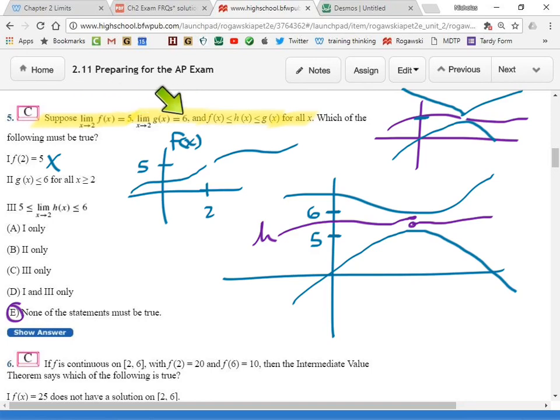So if these two limits were the same, if they were all going to 6, then we know that the limit as we approach 2 of h would also be 6. That's what the squeeze theorem says.